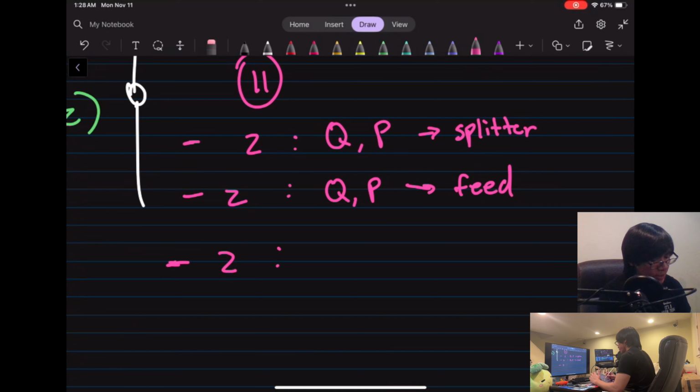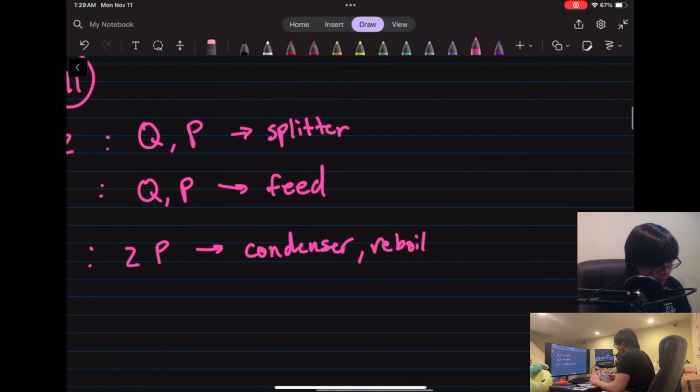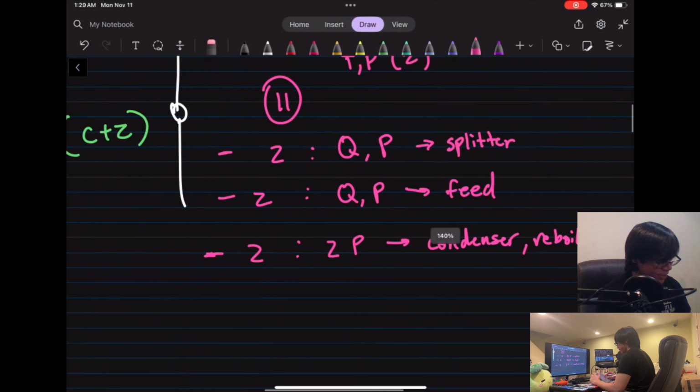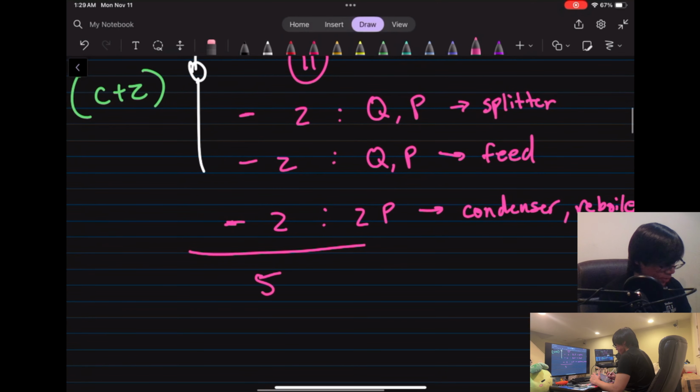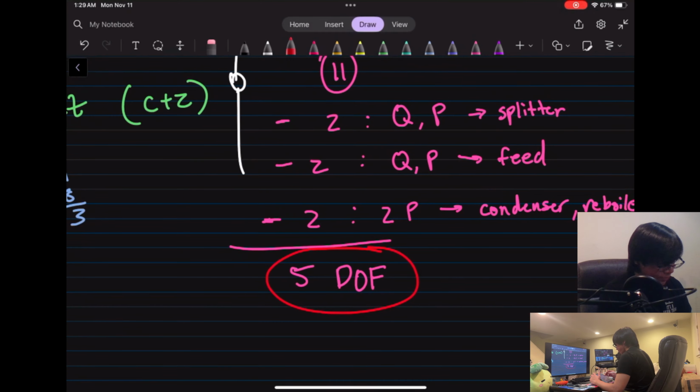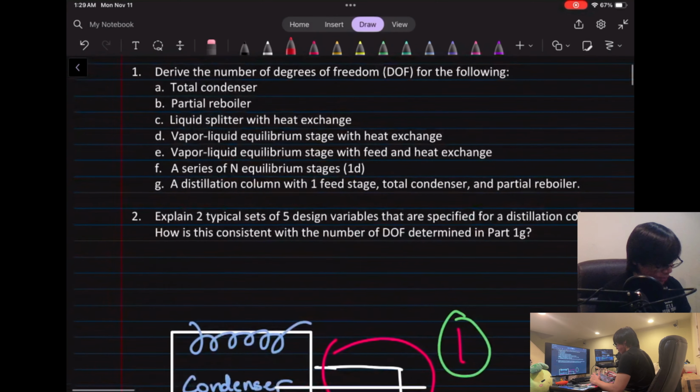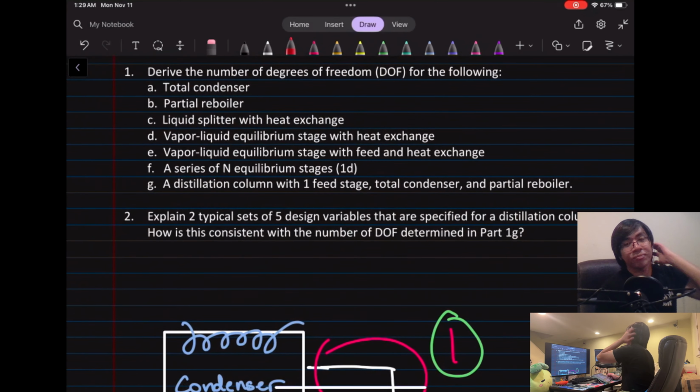Now it's just 2 pressures associated with the condenser and reboiler. See that? So that's 11 minus 6. We have 5. Those are the 5 we were waiting for over here in our problem. So now we're on part 2.